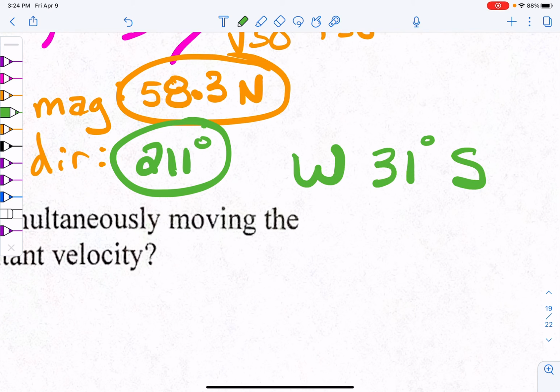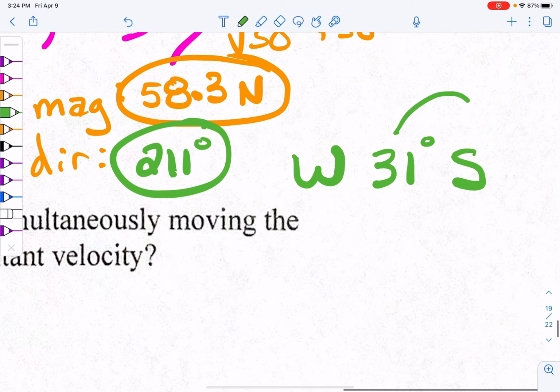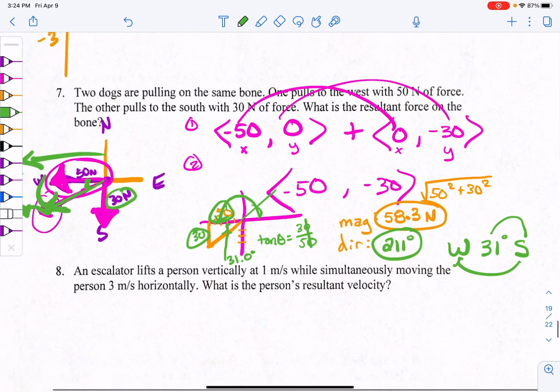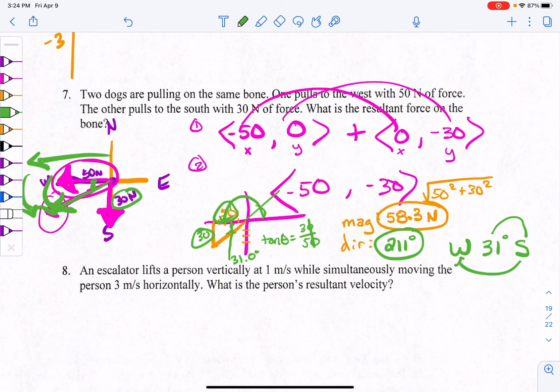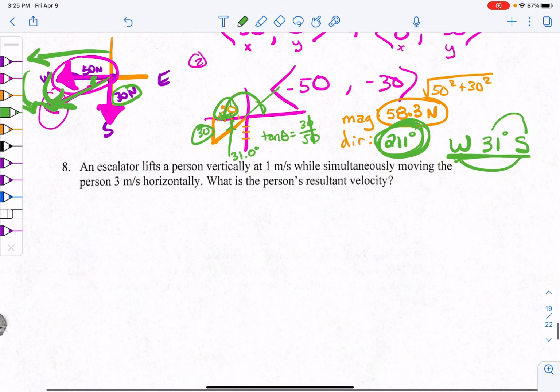For some reason, they write the west first. So it's west 31 degrees south, which means 31 degrees south of west, okay? That's a lot of stuff, all right? So whichever way you want to write it, I think you're probably used to writing it as 211, but if you want to challenge yourself and write it as that, go for it, okay? Anytime it has north, south, east, west, you can write it in this way instead, okay?